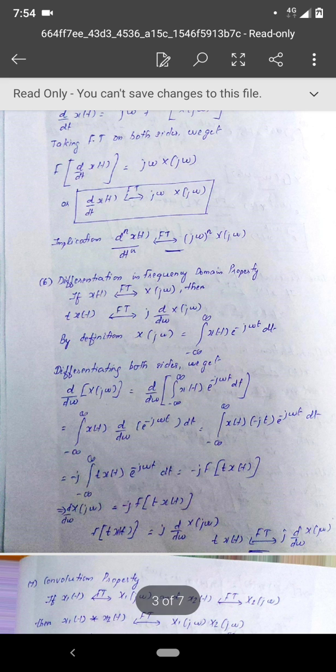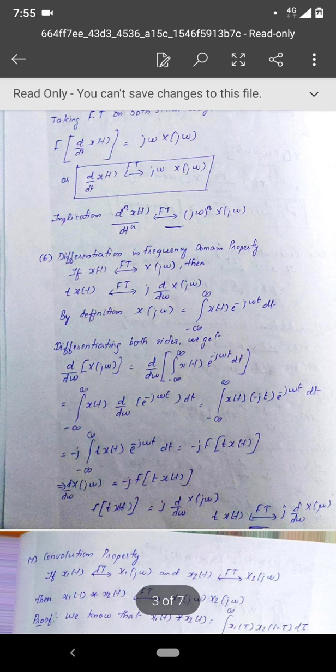Then again the proof. By definition we know what X of j omega is. Again the same technique: differentiating the above equation with respect to omega. As we are performing the differentiation with respect to omega, the integration will stay outside, but the differentiation will be done only with respect to e raised to minus j omega t.